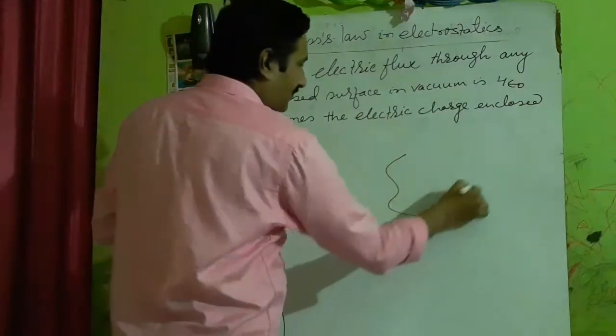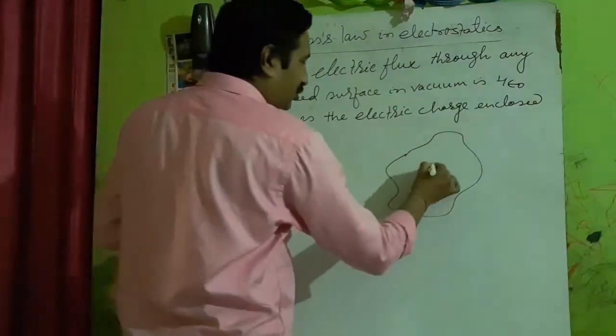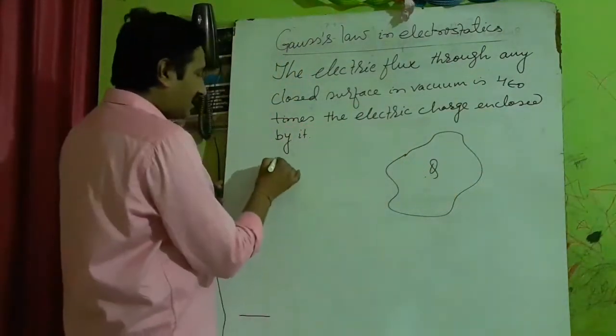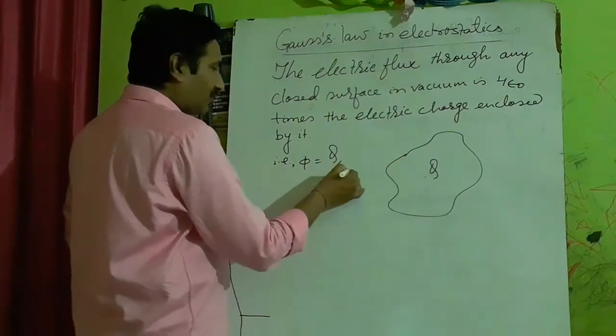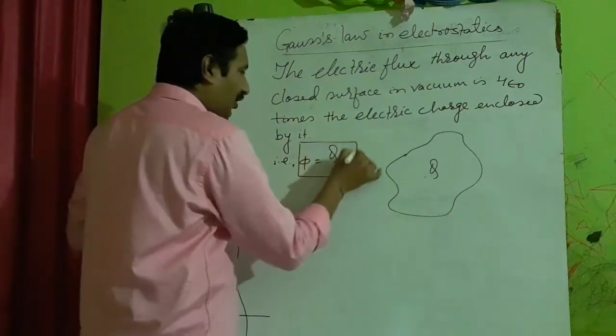Suppose this is a closed surface and Q is the charge inside it, then electric flux phi is equal to Q by epsilon naught. This is the statement of Gauss law.